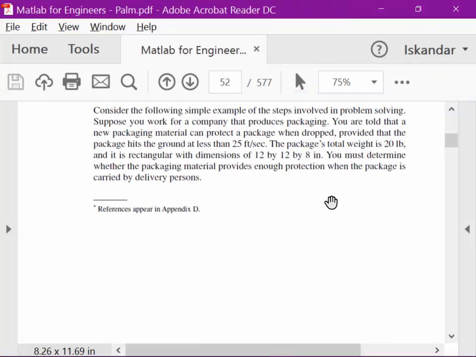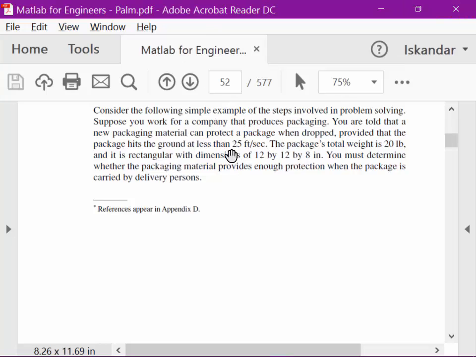So what they're saying, the problem is that you work for a company that sells packaging, and they develop a type of package that will protect the object inside as long as it hits the ground at less than 25 feet per second.